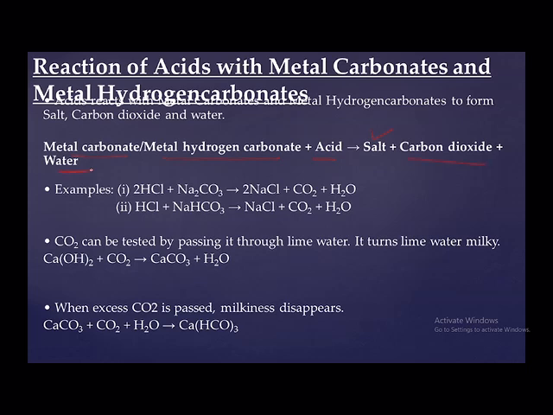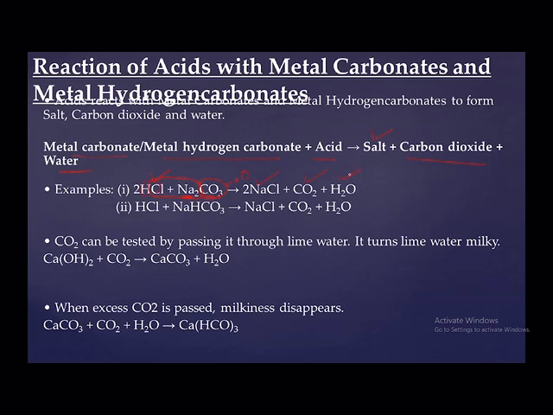If you take the example of the acid HCl reacting with a metal carbonate, in this case the metal is sodium and we have a carbonate group, CO3, forming sodium carbonate. It forms NaCl, and there is evolution of CO2 gas, and one oxygen from the carbonate and one hydrogen which is present form the water molecule.